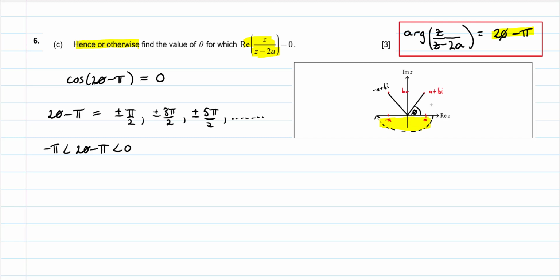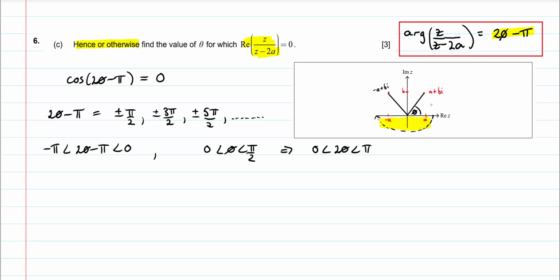Another way to think about it is to start with the information from 6a: theta was less than pi over 2 and greater than 0, as z was somewhere in the first quadrant. If we multiply everything in that inequality through by 2, we get 0 less than 2 theta, which is less than pi.